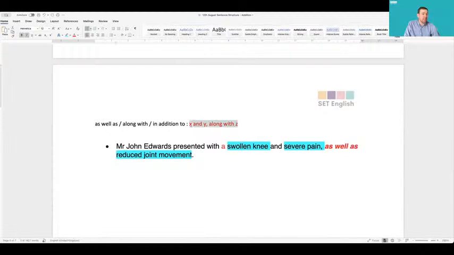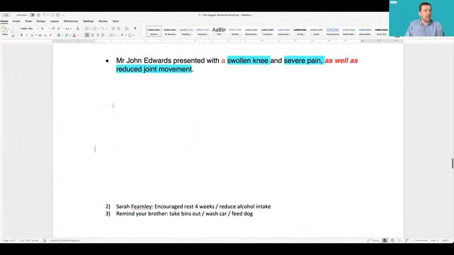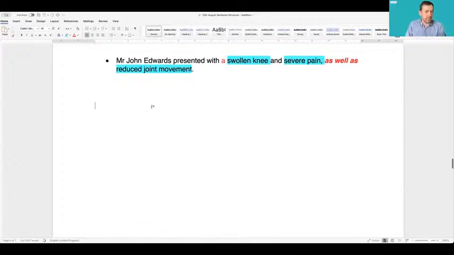These are the two listing patterns in English. So you've basically got, I would say you've got 3 options. Okay, what are the 3 options? The 3 options are X, comma, Y, and Z. You've got X and Y, comma, as well as, or along with, in addition to, etc. But I'm not going to put them in.